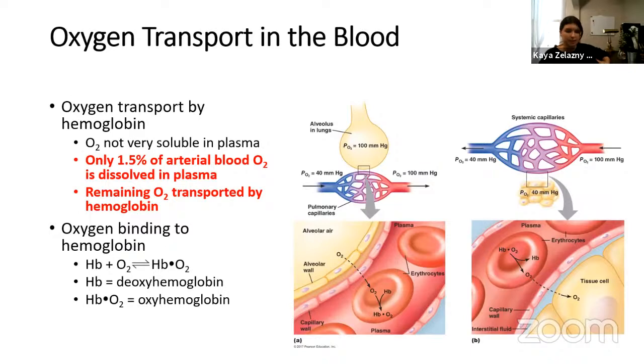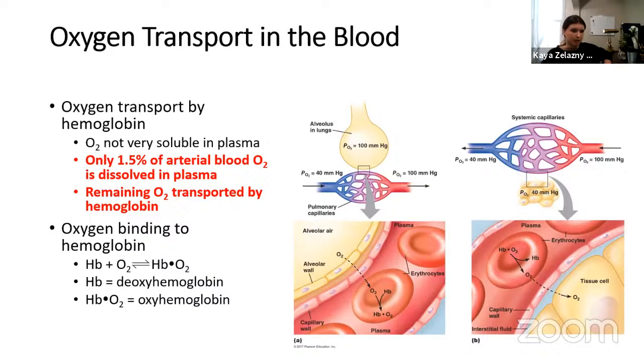Remember, the plasma is basically the fluid around all our blood cells. So only 1.5% of arterial blood oxygen is in the plasma, and the rest of it is going to be in hemoglobin. So hemoglobin is this protein with 4 subunits that we find in our erythrocytes, so in our red blood cells.